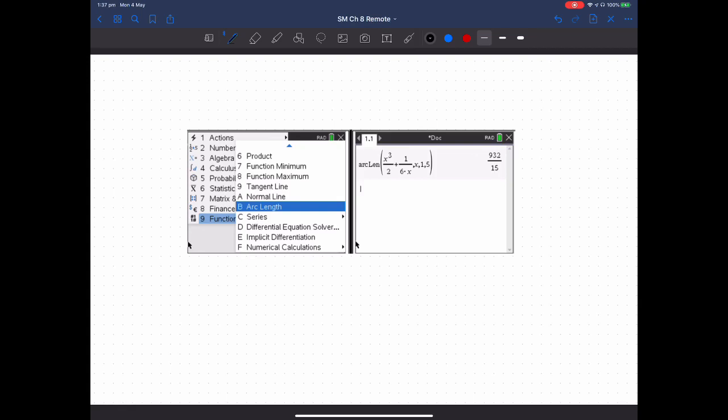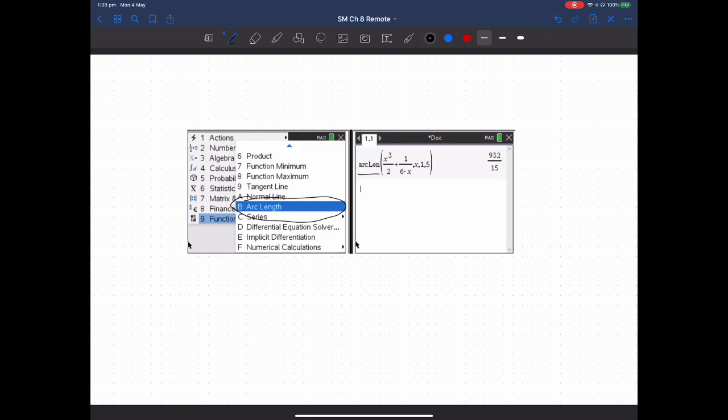We could also have used our calculator to work out this answer. You can see here from the calculus menu, I have selected arc length. When you select arc length, it puts in ARC, LEN, arc length.